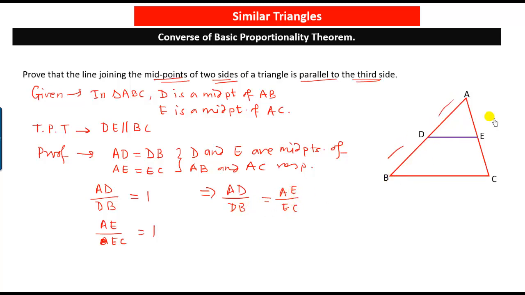By the converse of the basic proportionality theorem, we can say that DE is parallel to BC, hence proved.